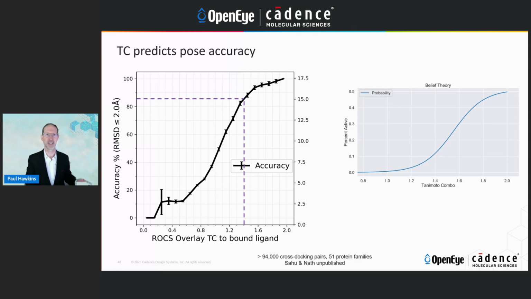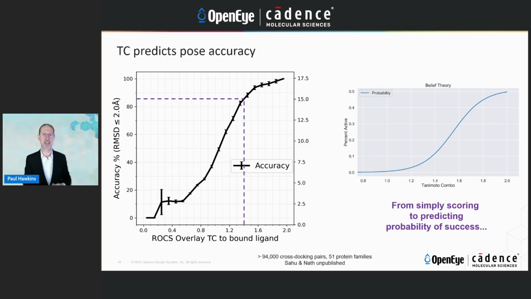It's 85% likely that that posed molecule is within 2 angstrom of its correct pose. So now we've moved away from the language of scoring: my docking score is minus 14.6, my Tanimoto combo is 1.4, scores that are hard to interpret, particularly if you're not an expert, into the language of probability. 85% likely that this pose is correct. Much more actionable language for chemistry to do.